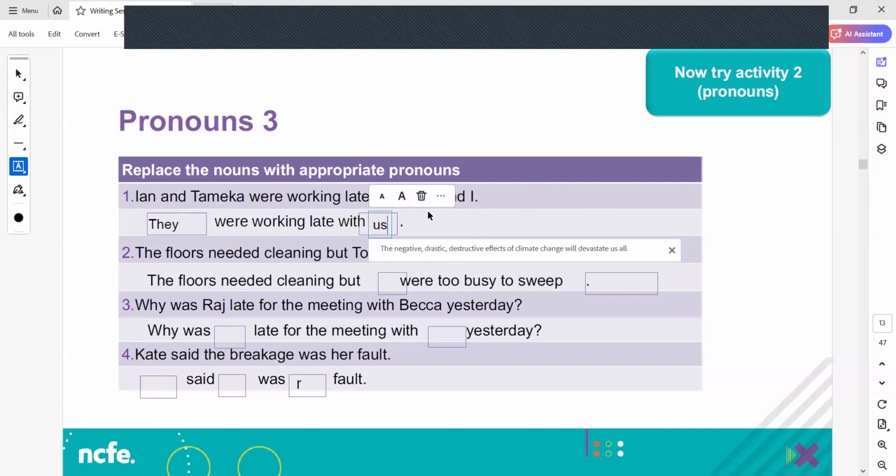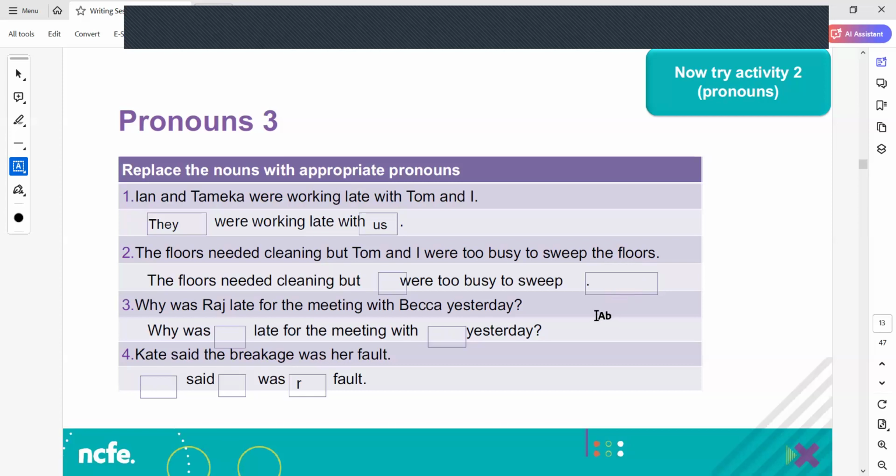Well done. Okay, so number 2, the floors needed cleaning, but Tom and I were too busy to sweep the floors. So we can see in this sentence why we need the pronouns, because that noun, the floors, has been repeated and it doesn't sound natural. The floors needed cleaning, but Tom and I were too busy to sweep the floors. We're too busy to sweep it.